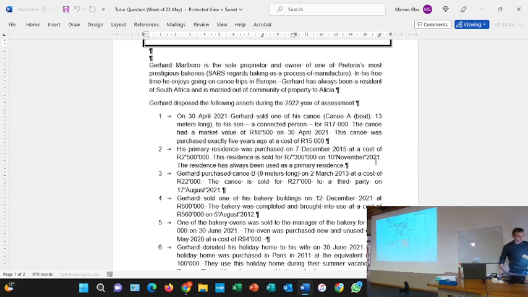That will give you 2.8 million gain, and you transfer that to your CGT column. Any questions regarding note 2 with the primary residence?